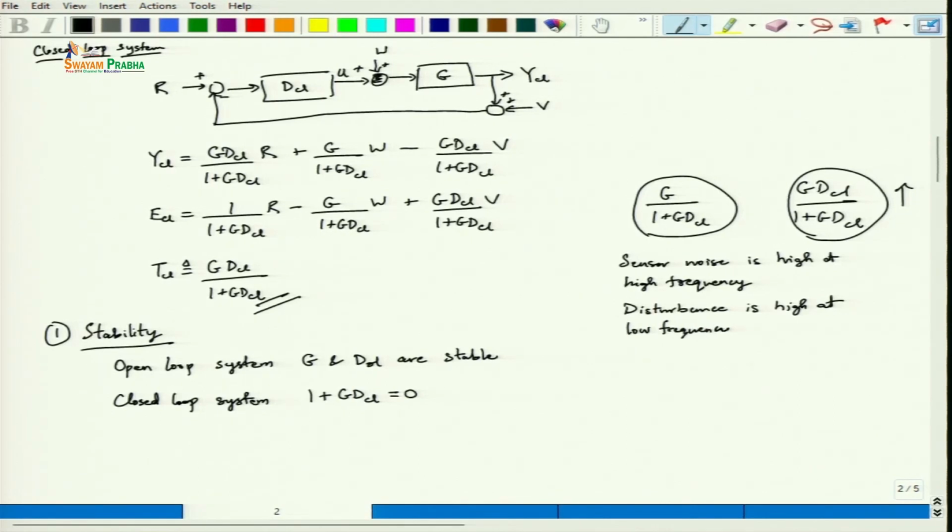So say we have such kind of system, then what we will do is, say we plot a graph, in the x axis is the frequency content, and here we have on the y axis the signal. Then what you will see is the sensor noise V looks something like this, and maybe the disturbance looks something like that.